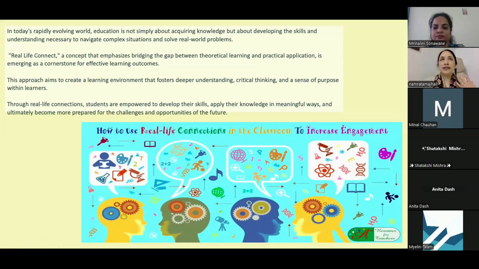Right? So this way you are empowering the children also. You are giving them that kind of competency, which is the core phrase, that competency based skills are the core of NEP.